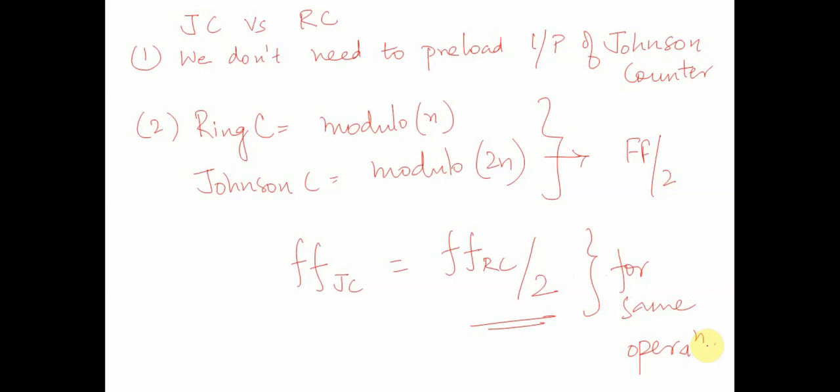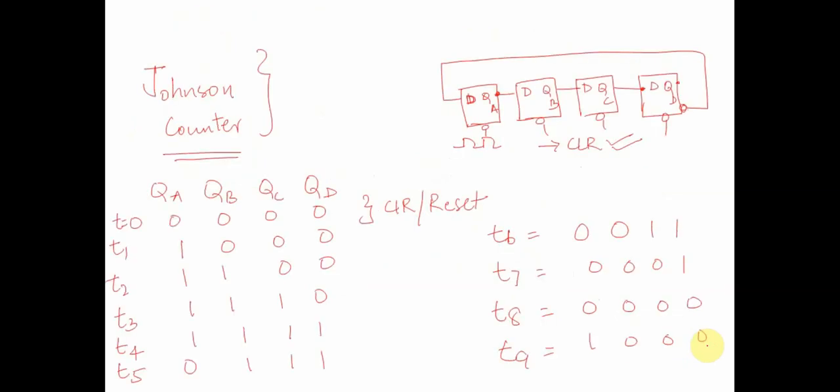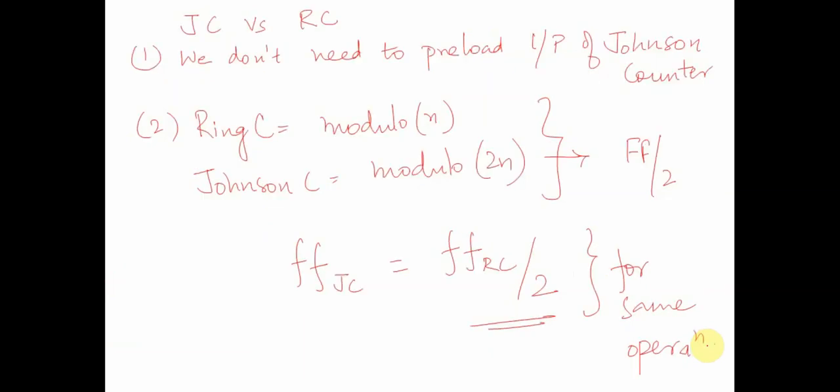So basically, if we look at it, we drew this particular state table. Now let's try to draw a wave diagram for this state table. Let's assume that this is our clock.